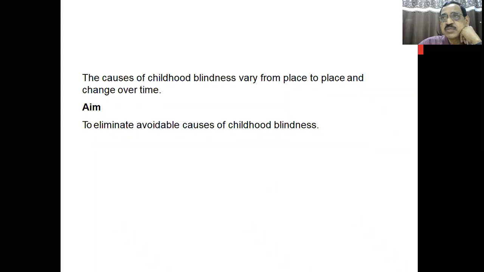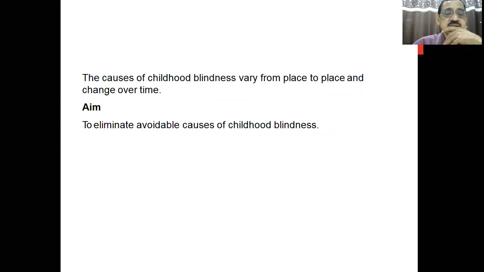In our country, previously gonococcal ophthalmia neonatorum used to be one of the leading causes. Because of good institution of treatment and aseptic measures, and also prenatal checkups of the mothers, the incidence of gonococcal ophthalmia has reduced.